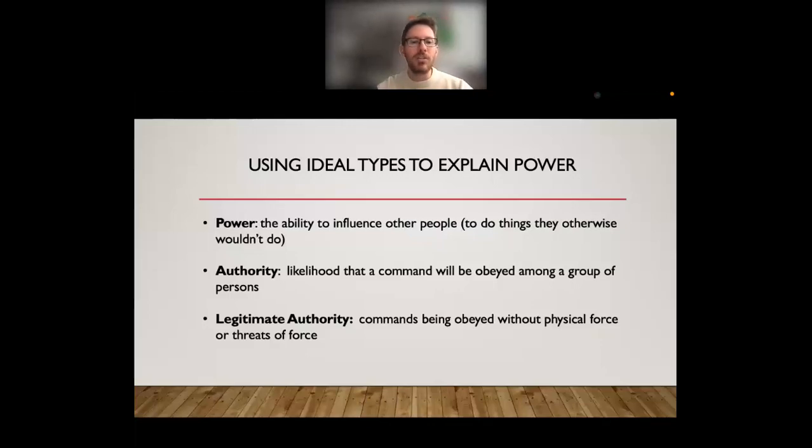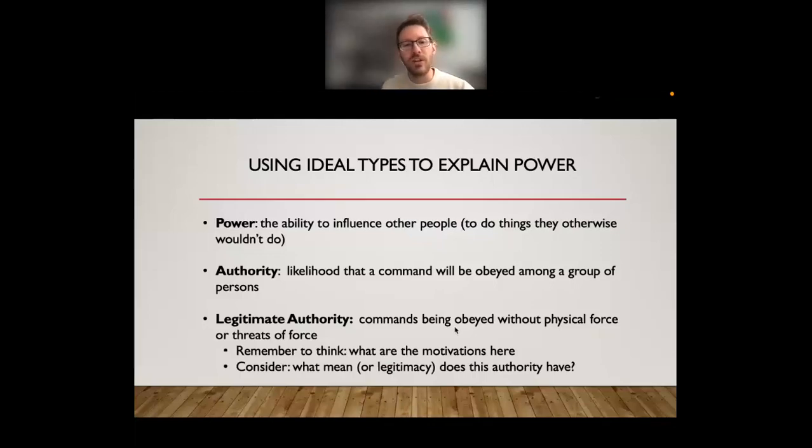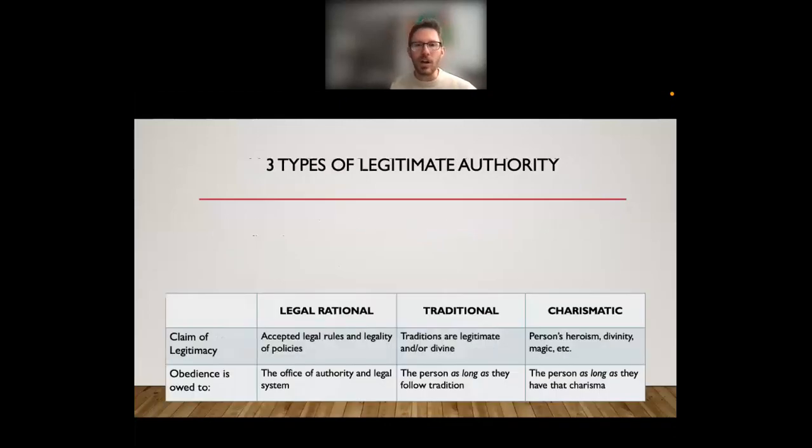So legitimate authority has 2 dimensions to it that are important. First, we have to think about what the motivations are, and what the legitimacy has. How does the authority have a claim to legitimacy? Here are 3 types, and remember these are ideal types by which we can judge actual authority.